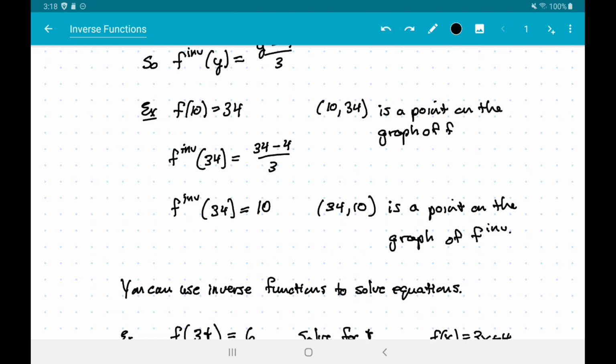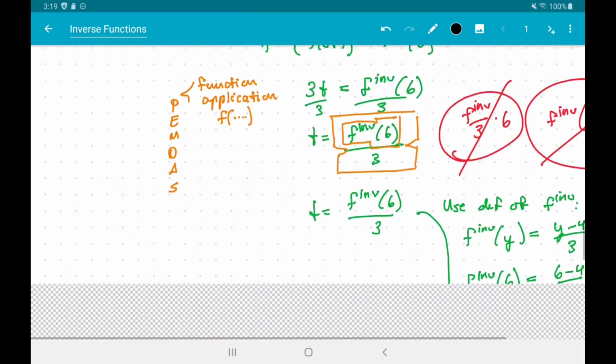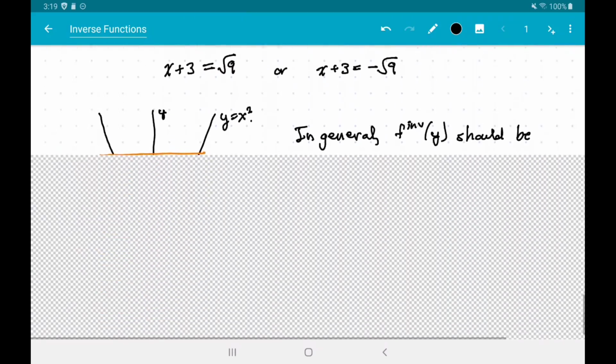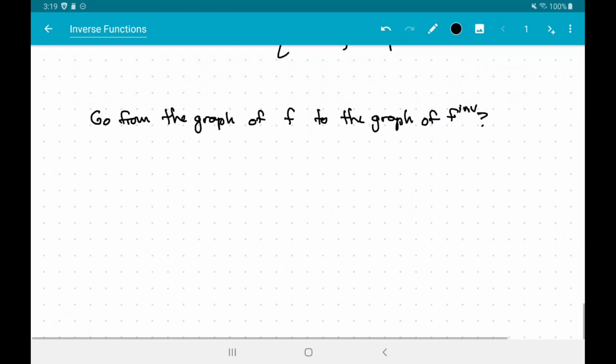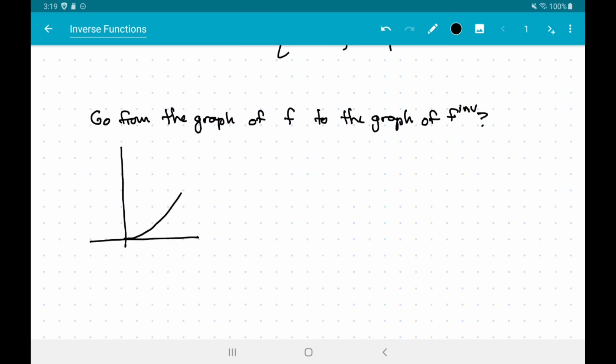This is true in general. If you plug a number into f and get an output, you can swap the order of the ordered pair to get a point on the graph of f inverse. So, as an example, I'm going to take just the positive part of this here. This is y equals x squared.